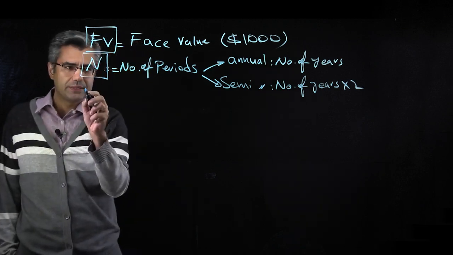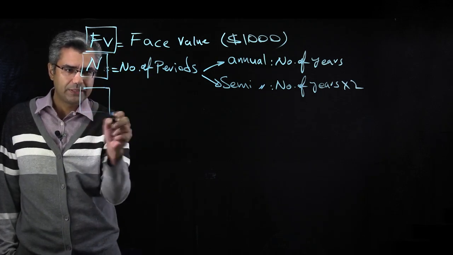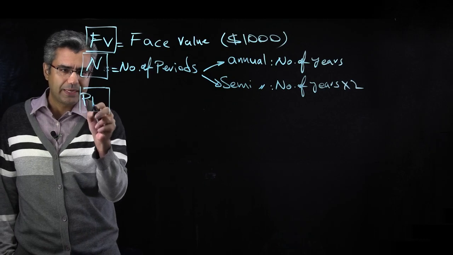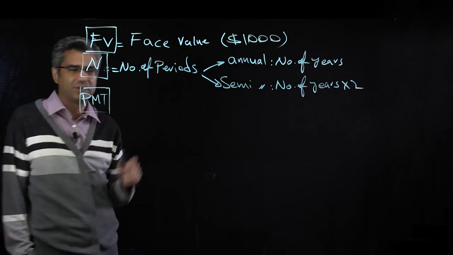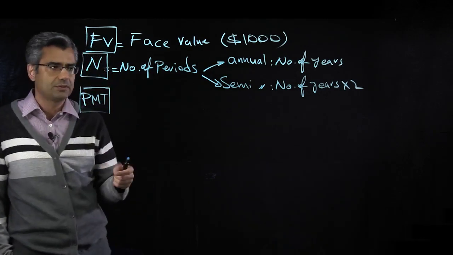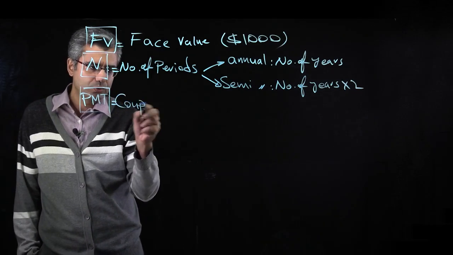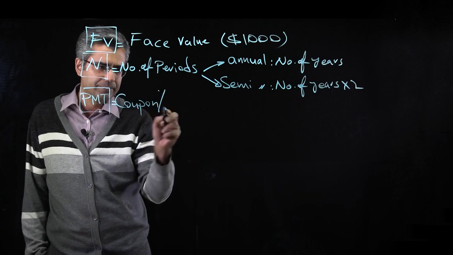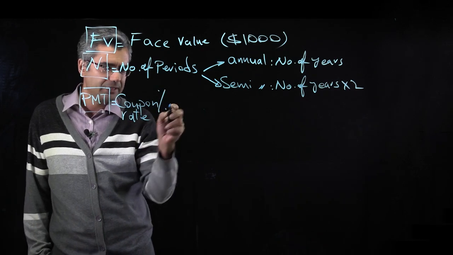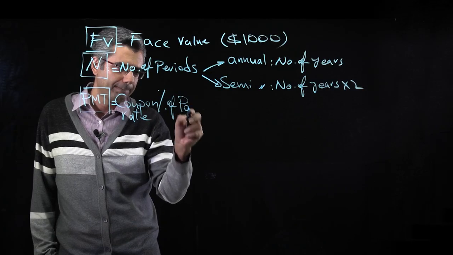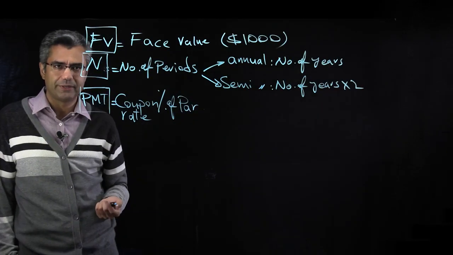The next thing you need to key in is PMT, or payment, the fixed payment, the coupon payment. It's the coupon rate as a percentage of par. And par is $1,000, right?